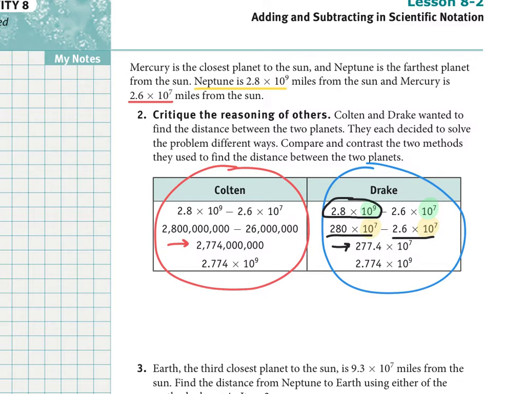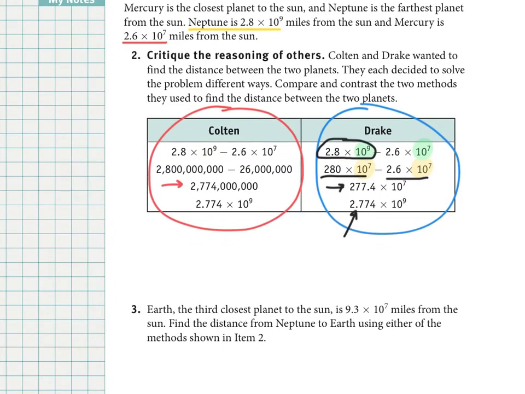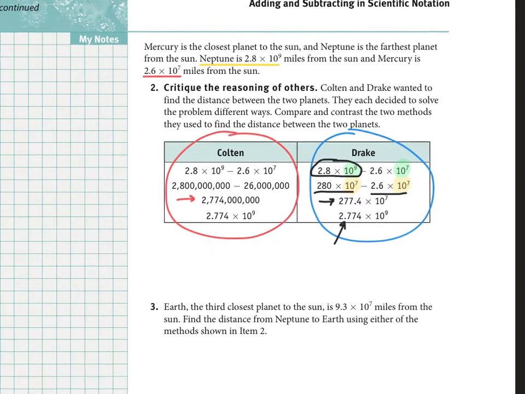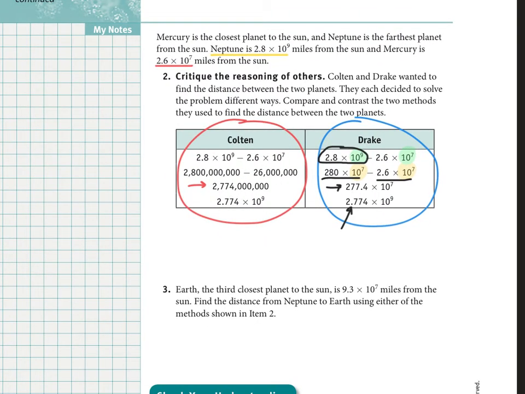So to get it in scientific notation, he had to adjust the decimal point. We need the number to be between 1 and 10, so he had to move it back. That involved a lot of going back and forth, conversions and things like that. So it's going to be up to you to decide which method you want to use. Let's do an example and see which method we might like better.